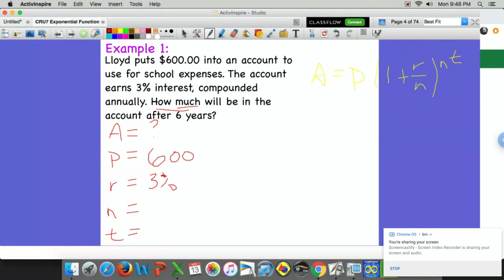But so we have 3%, and if we had to convert that into a decimal, all you're going to do is take your percent, which is 3, and write it over 100, or divide 3 by 100. And if you were to do that, see if my calculator can pull up here. Maybe.